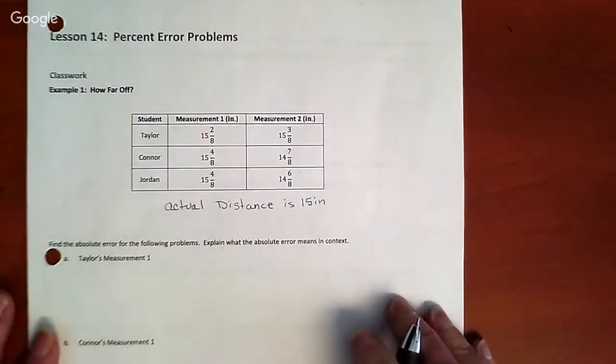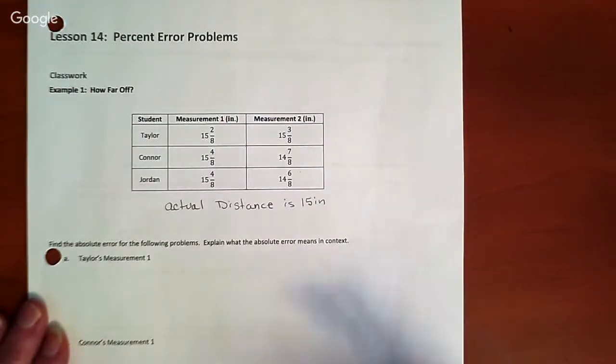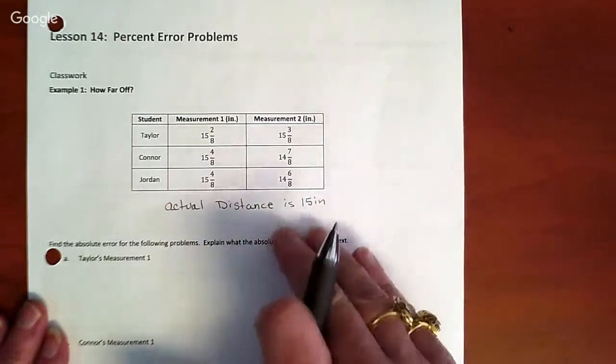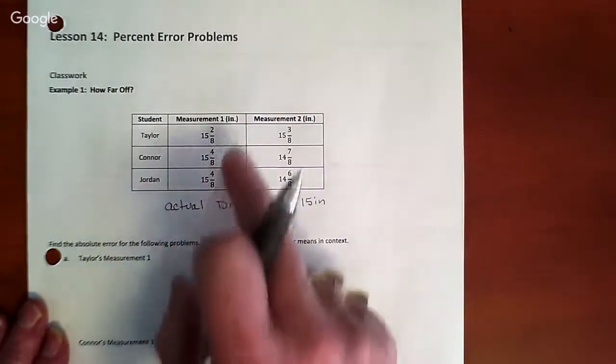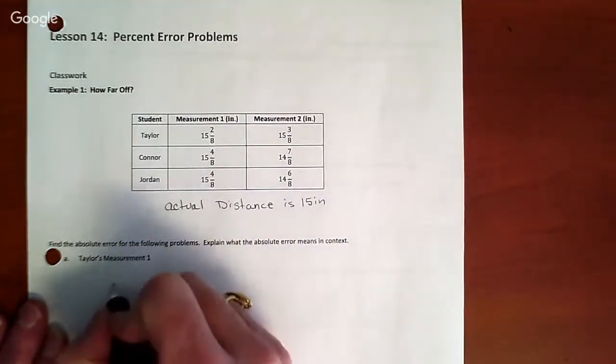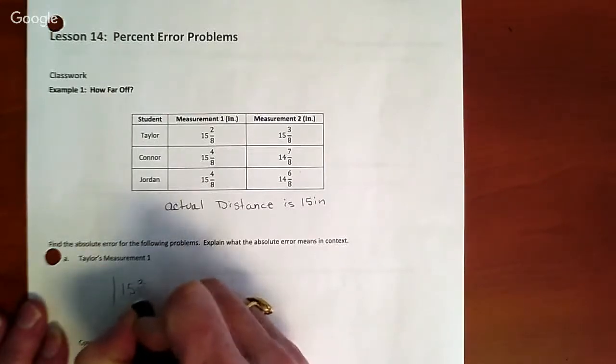So to find the absolute error for the following problems, we explain what the absolute error means in context. Absolute error is the difference between their measurement and the actual distance. In this particular case, Taylor's measurement for measurement number 1 is 15 2/8.